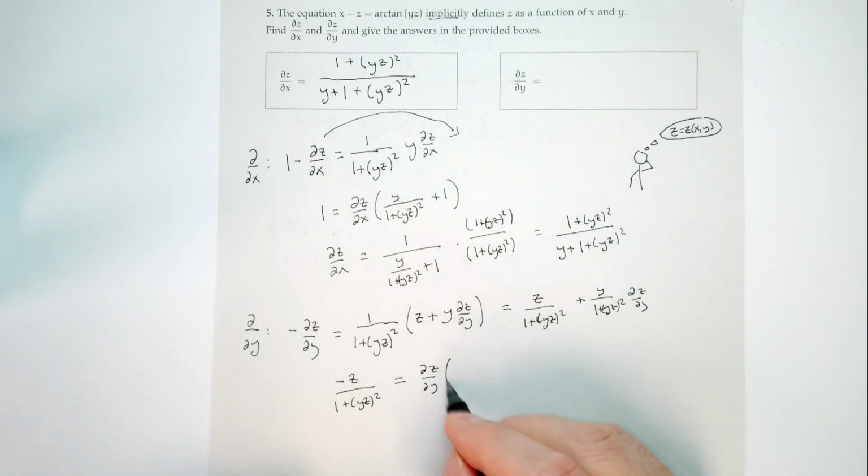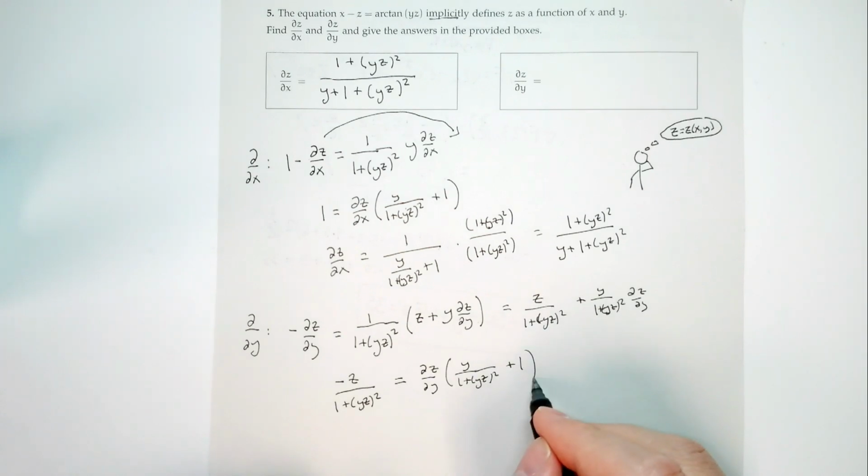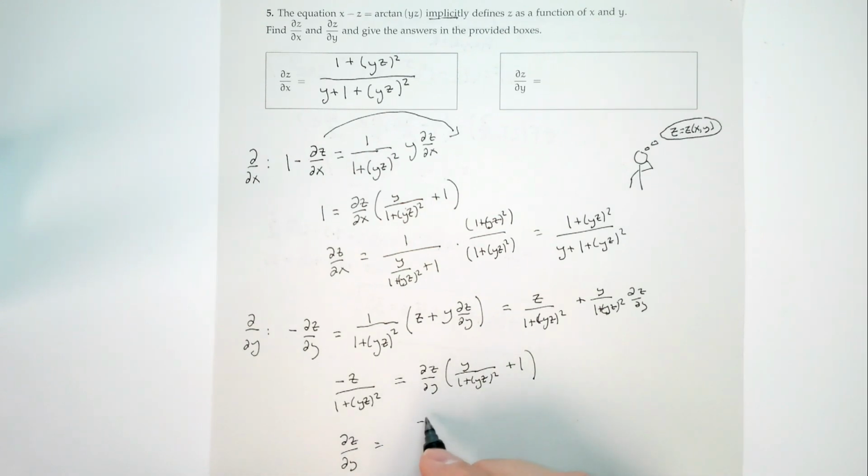Partial z partial y over 1 plus yz squared plus 1. So partial z partial y is equal to minus z over 1 plus yz squared, divided by y over 1 plus yz squared plus 1.